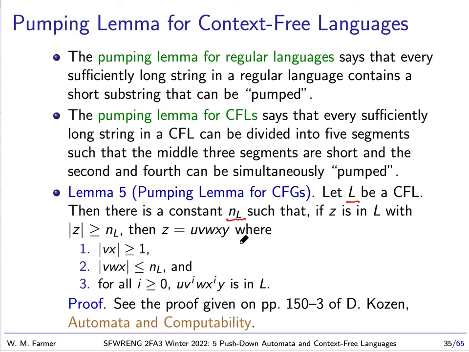And what's important is if we have a string in L, Z, whose length is greater than or equal to this constant, in other words, it's a long string with respect to this constant, then it's going to have 5 parts: U, V, W, X, and Y.